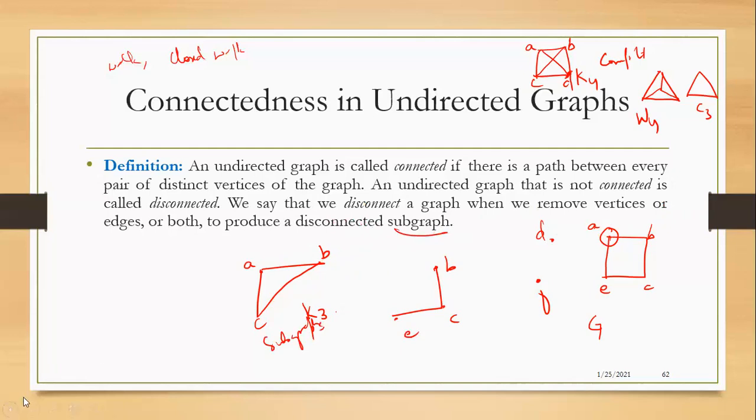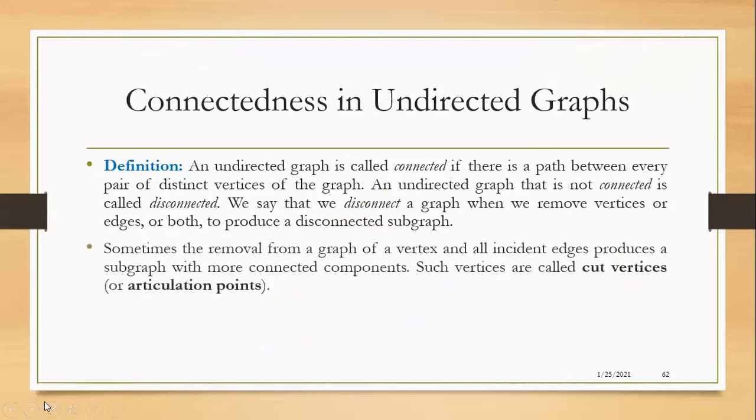Now let's see a few examples. Sometimes the removal from a graph of a vertex and all its incident edges, meaning all the edges that are connected to that vertex, produces a subgraph with more connected components.